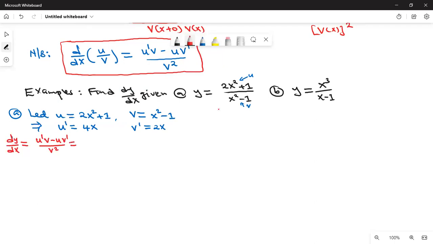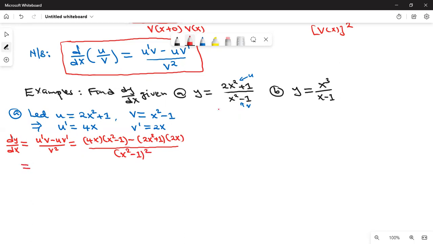If I substitute, I'm going to get 4x as u prime, times v, which is x squared minus 1, minus u, which is 2x squared plus 1, times v prime, which is 2x. And this should be over v squared, which is x squared minus 1, all squared.